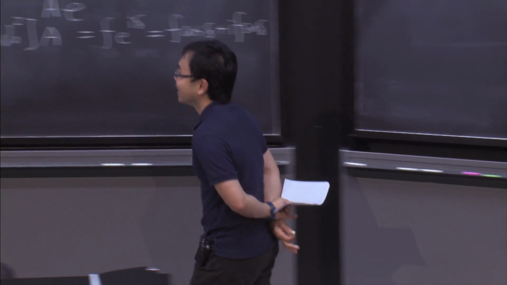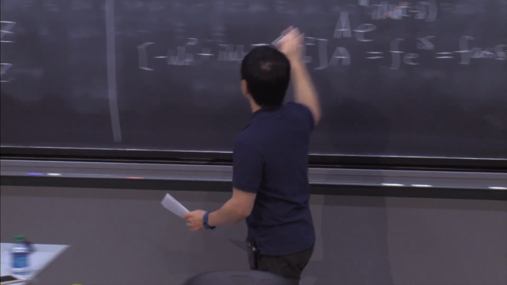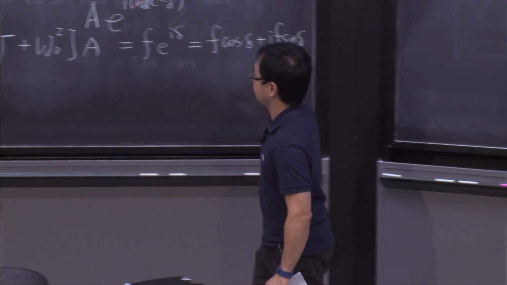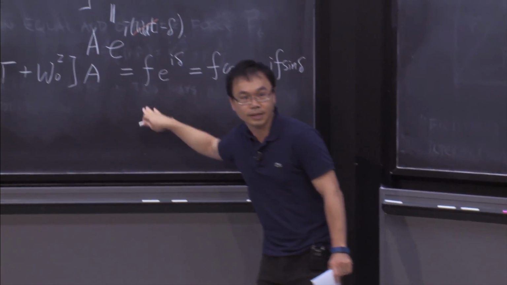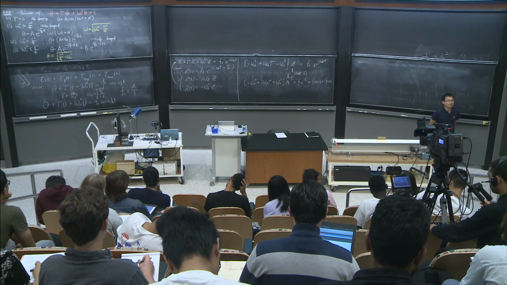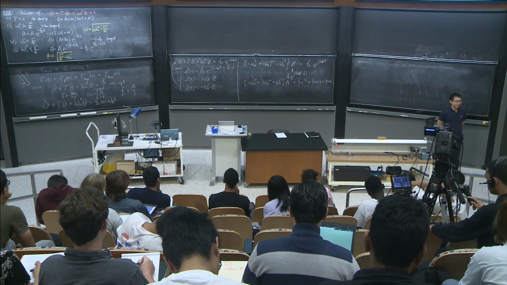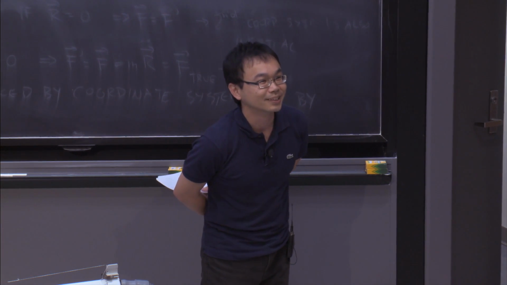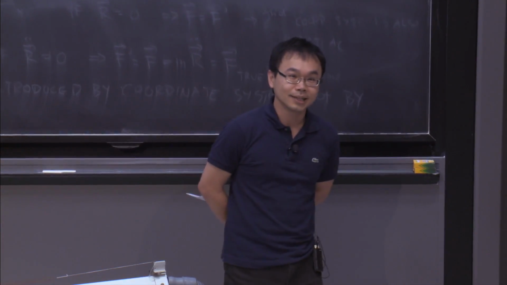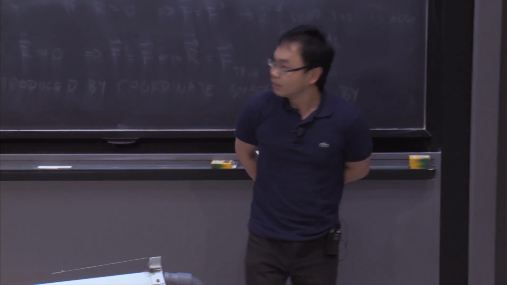Then I can calculate all those terms, plug them in, and arrive at this equation. This equation is a complex equation, so that means one equation is equal to two equations, because you have the real part and the imaginary part.